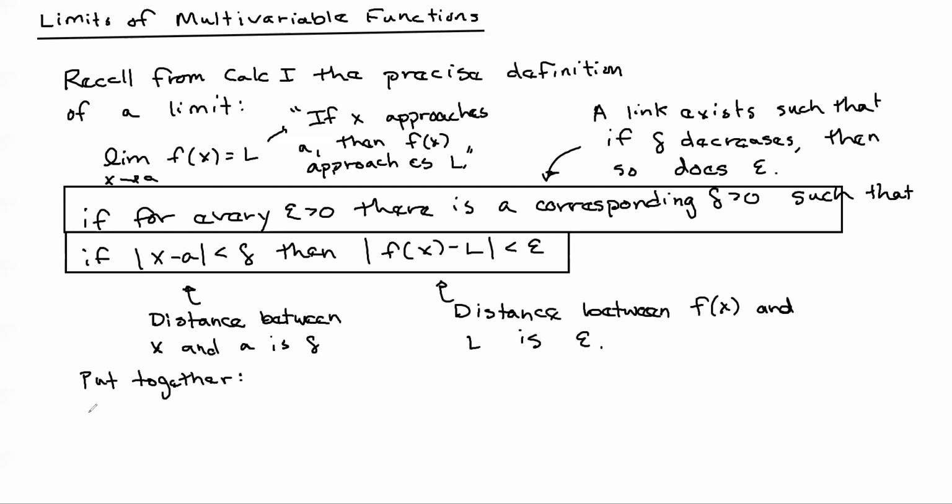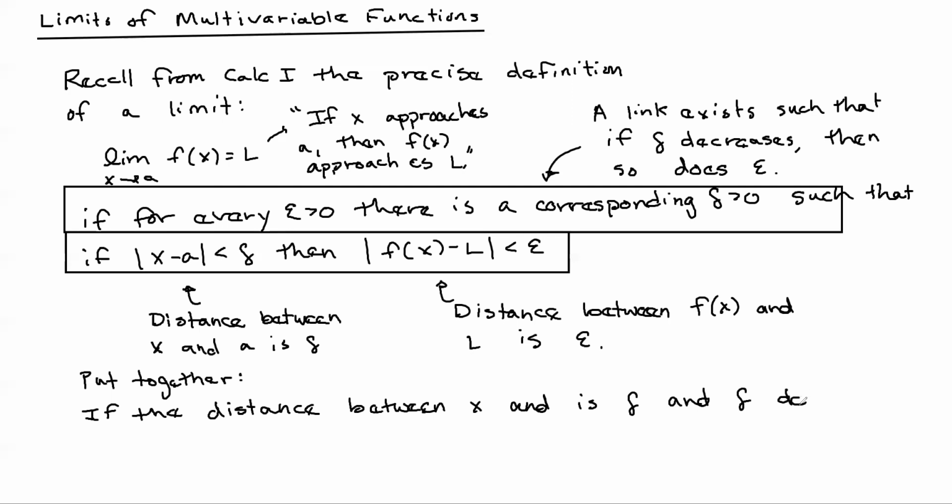All right, if the distance between x and a is delta, and delta decreases in size, then what happens?